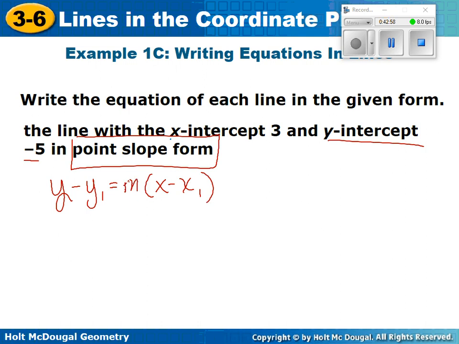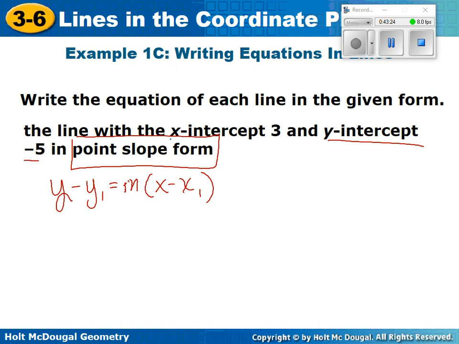All right. What do we plug in? So what is my x and what is my y? Oh, be careful. If you plug in 3 for x, okay, hold on just a second.